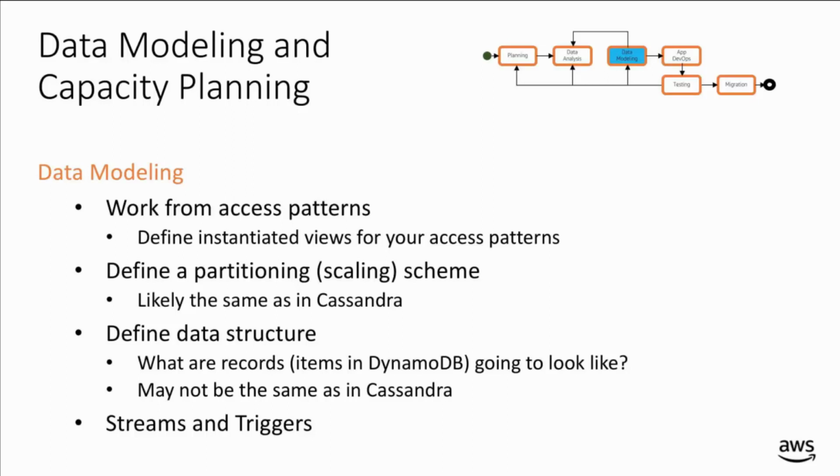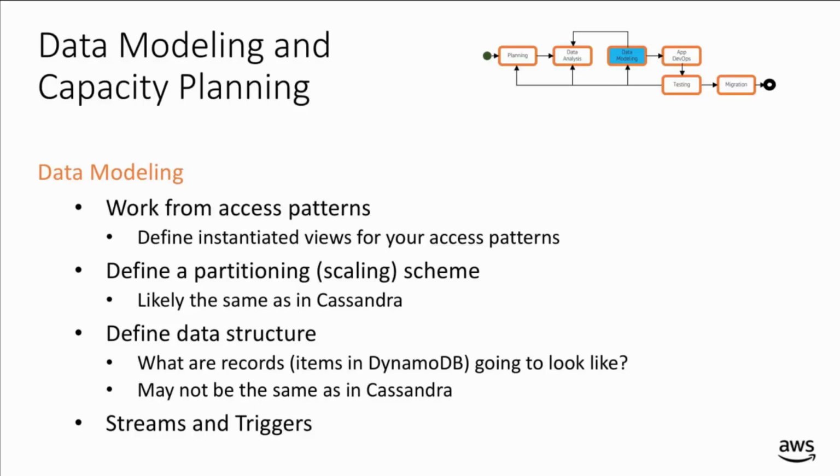We need to define a partitioning scheme, which is also what allows your data volume to scale, as well as your workload, in fact, to scale as well. This will likely be the same as in Cassandra, because they're both similar in that sense, being NoSQL data stores that use partition key to shard data and scale out.